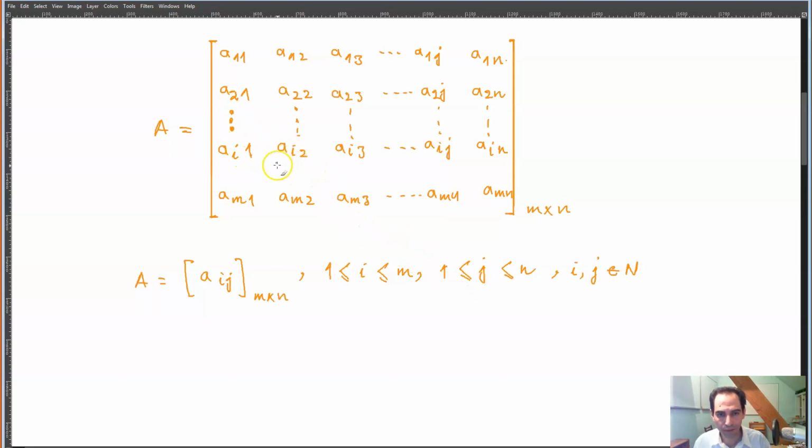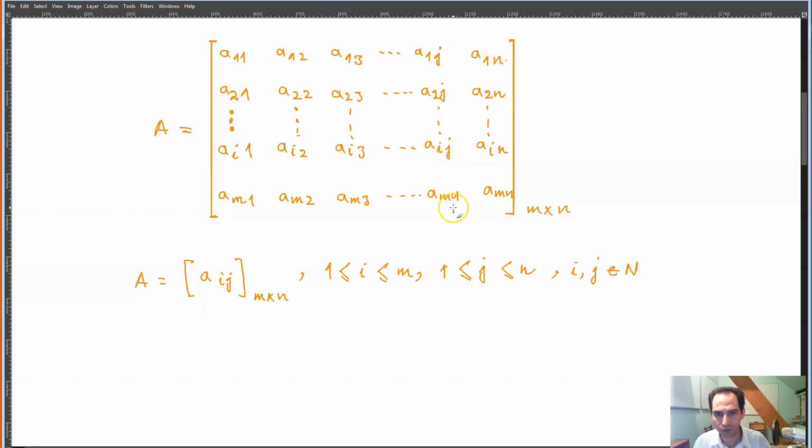So what that means is that in this matrix, the ith row consists of the elements A of i1, A of i2, A of i3, all the way up to A of in, right? And the jth column in any matrix in general consists of the elements A of 1j, A of 2j, A of 3j, all the way up to A of mn.